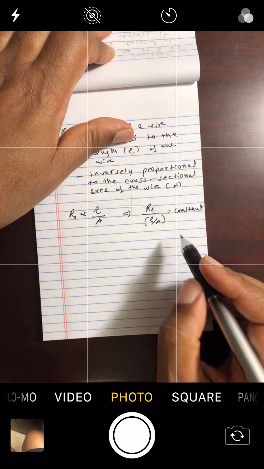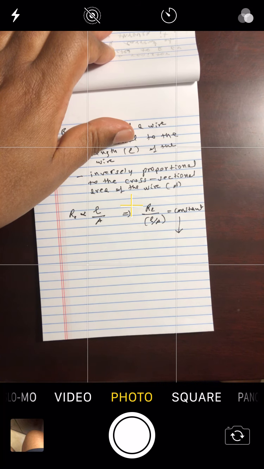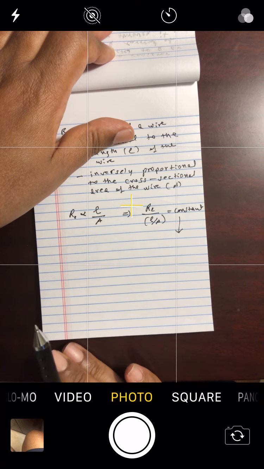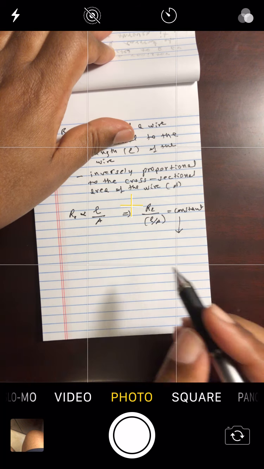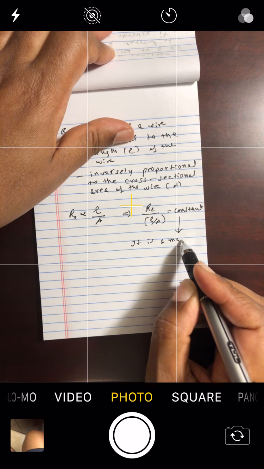All right, this constant is defined to be the resistivity of the material. It's a material constant that is the same for the same material but different for different materials. For example, copper will have its own resistivity, silver will have its own resistivity, and so on. So for a given material it is a constant, but for different materials it is different.